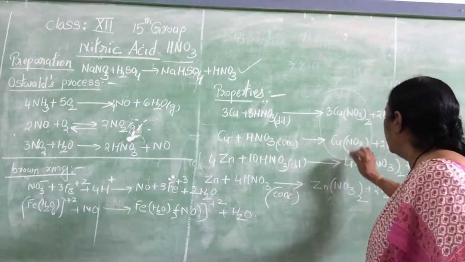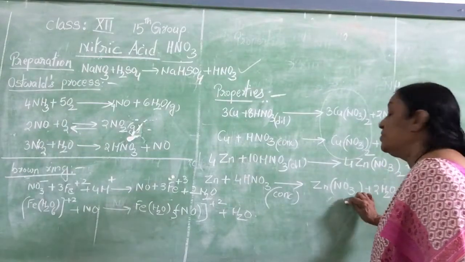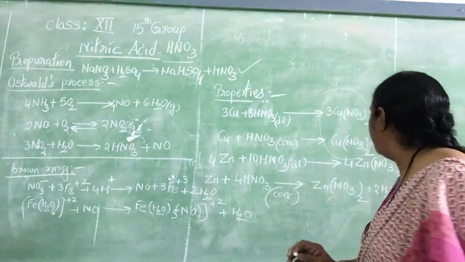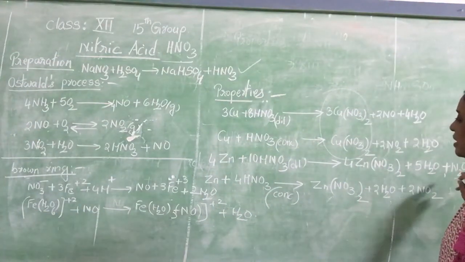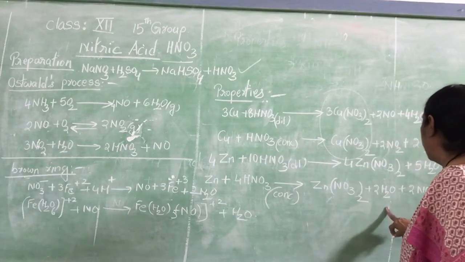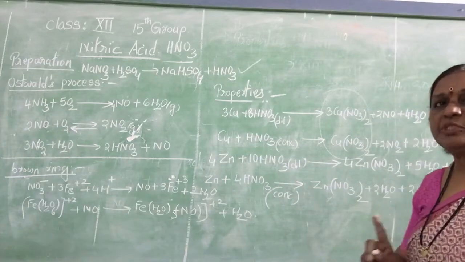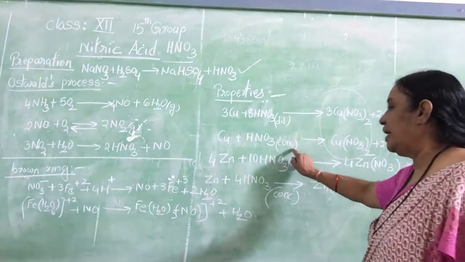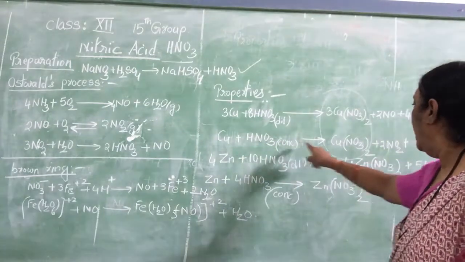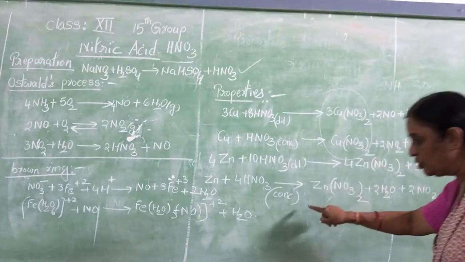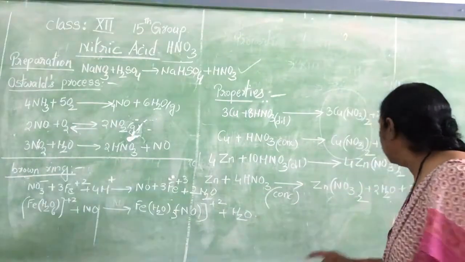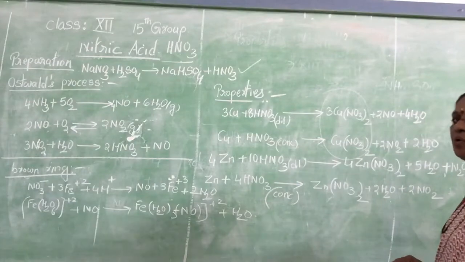The product is zinc nitrate in both, but the side product, the oxide of nitrogen, is different. With the dilute, N2O is formed and with the concentrated, NO2. Please note this point, children. Concentrated nitric acid, when treated with copper, NO2 is formed. Here also, concentrated nitric acid, when treated with zinc, NO2 is formed.